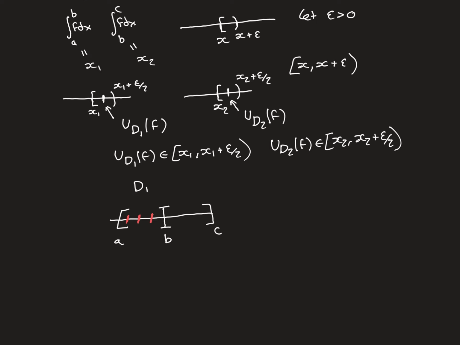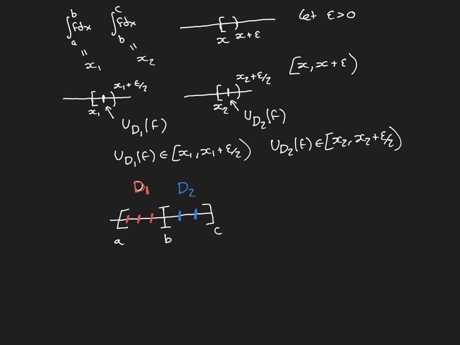And then we have D2, which we'll show in blue, and D1 is in red. For simplicity let's have D2 dividing it up into 3 pieces. So it would be a sequence of 4 numbers, starting with B, then this one, then this one, then ending with C. So the dissections D1 and D2 share only one common number. The last number of D1 is the same as the first number of D2.